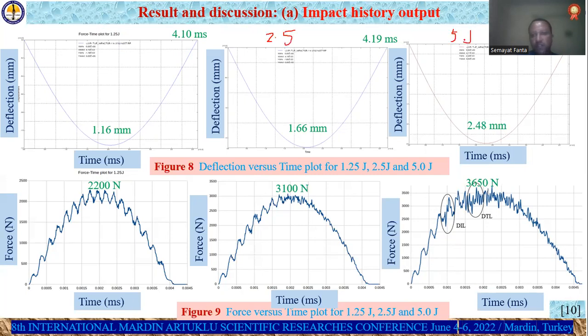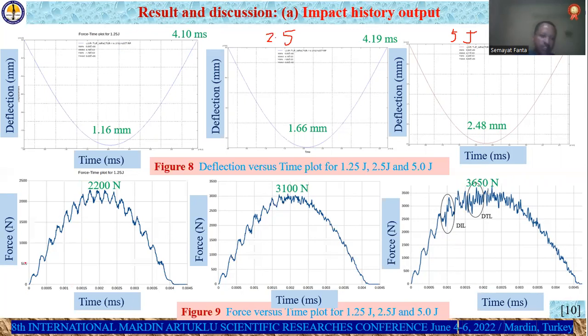So these are deflection histories. At 1.25 joule energy, 1.16 millimeter deflection is obtained, and it takes 4.1 millisecond. For 2.5 joule, 1.66 millimeter deflection is obtained with 4.19 millisecond, and for 5 joule, 2.48 millimeter, which is achieved with 4.77 millisecond.